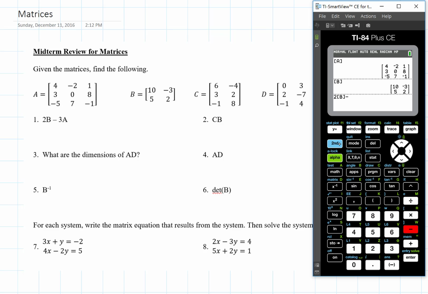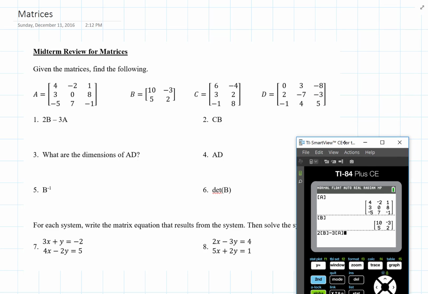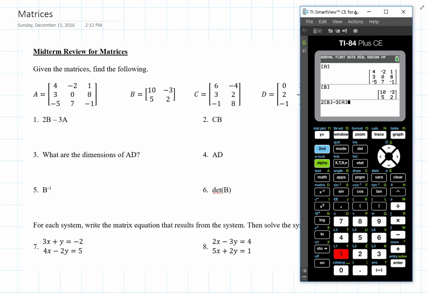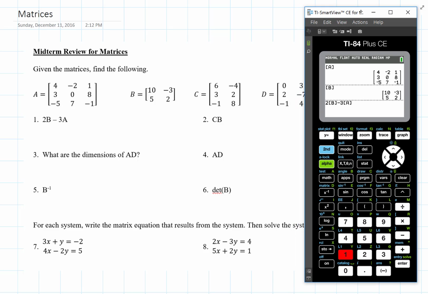And then from that, we're going to subtract 3 times the matrix A. And of course, if you're thinking ahead of me, you may have noticed that matrix B is a 2 by 2 matrix, and matrix A is a 3 by 3 matrix. And one of the very first things that we learned in the matrix unit was that matrix addition and subtraction is only defined for matrices that have the same dimensions.